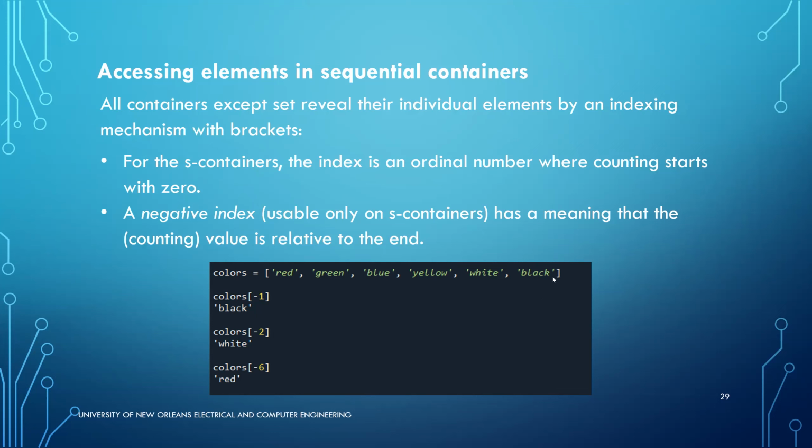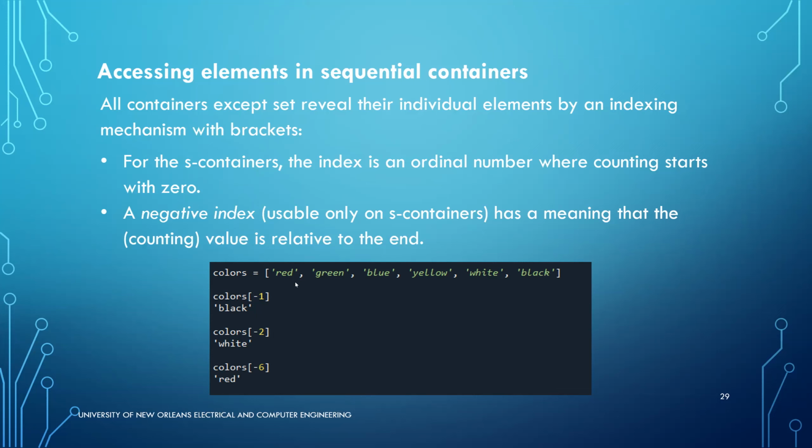So the last element on the list has as a reference this index value -1. And the second from last element, which will be accessed by typing a -2 inside the brackets, will obviously be associated with the element white in the list.